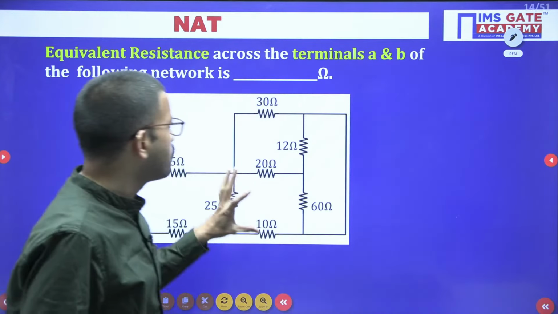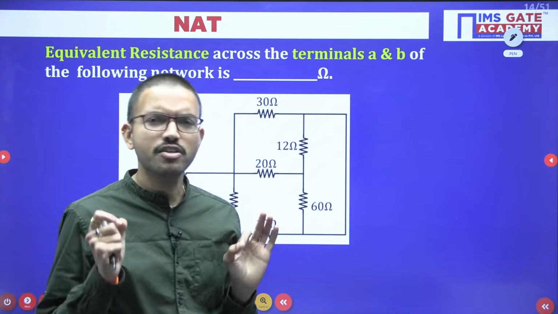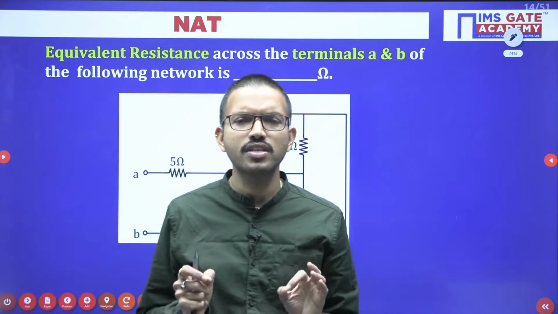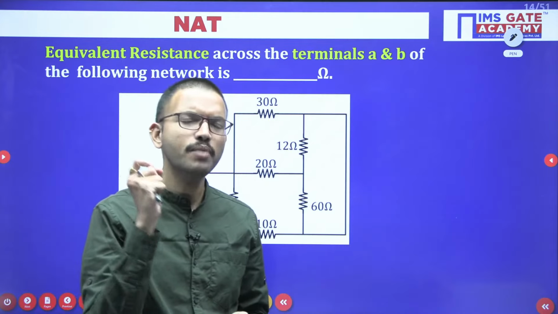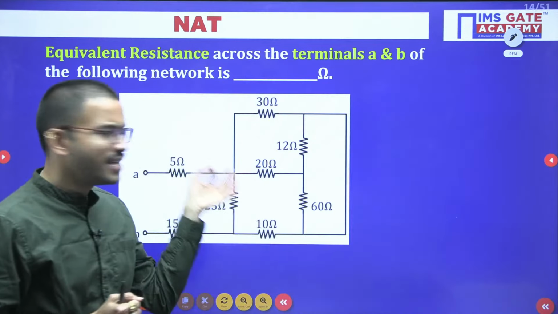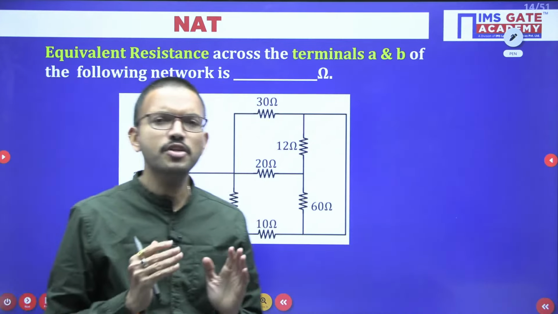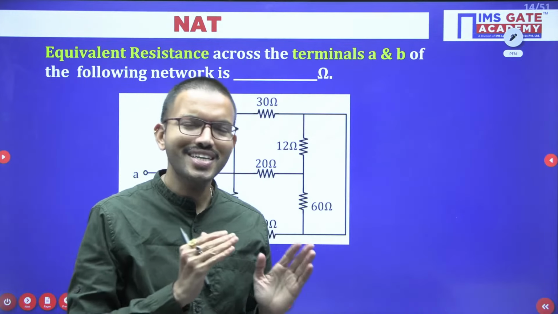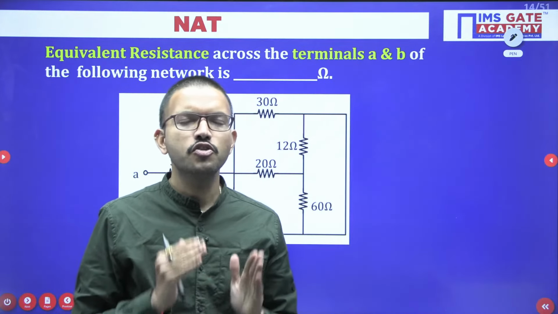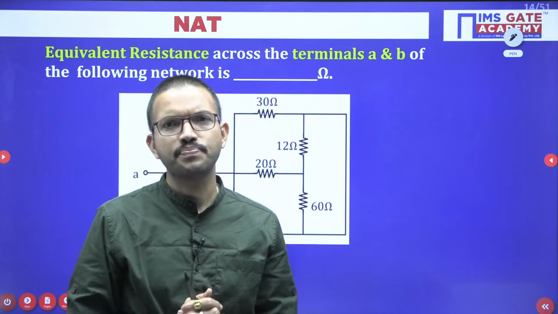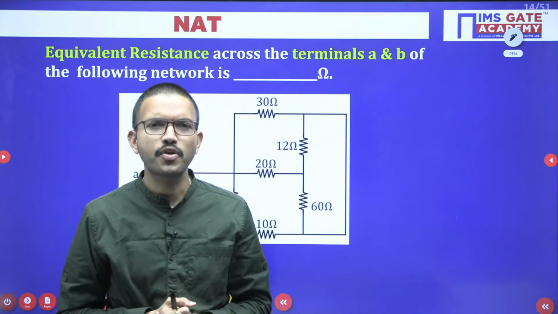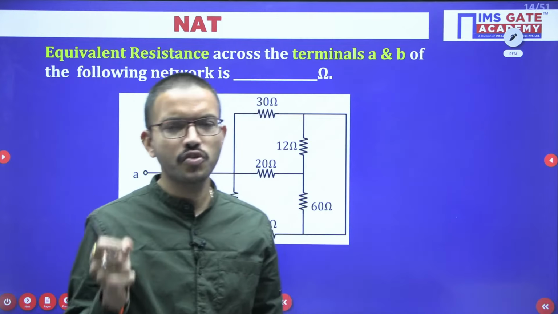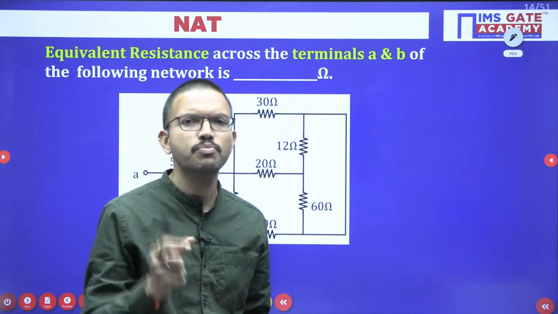Before applying any network concept or method, just observe one point: whether you are able to solve that question in less time or whether your solving time is getting increased. With that one key point, you will come to know whether you can apply that method or not.